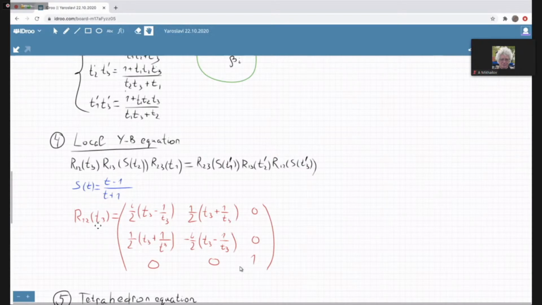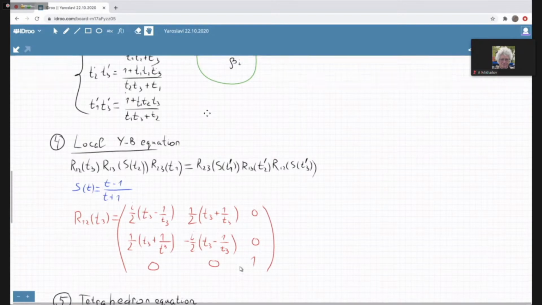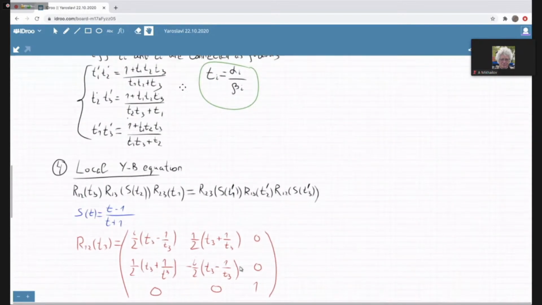Here I write down this R12 of T3, it's this orthogonal matrix. And the statement is that if we have this parameter transformation which preserves our partition function, then these R matrices give a solution of the local Yang-Baxter equation. These orthogonal matrices R give a solution to the local Yang-Baxter equation.